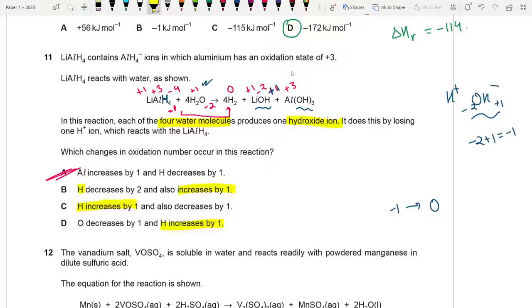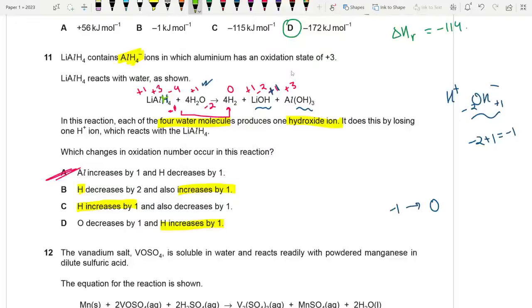Now, what about the other ones? If you take a look at this, they said that AlH4 minus ions in which aluminum has an oxidation number of +3. How many hydrogens do we have in total, right?